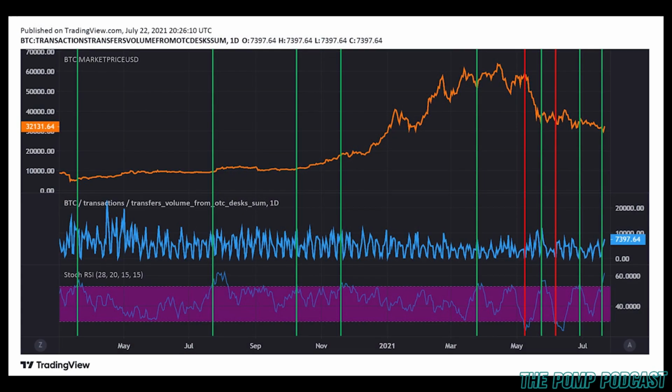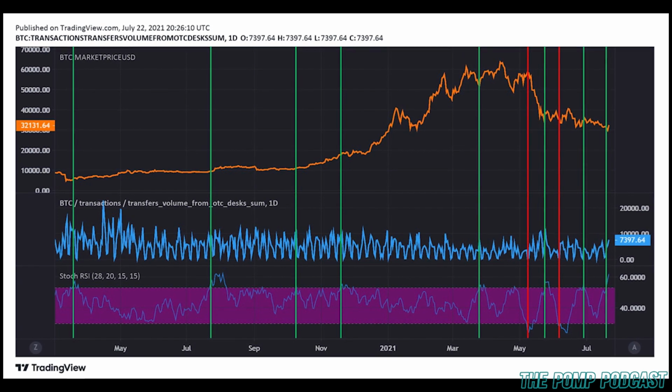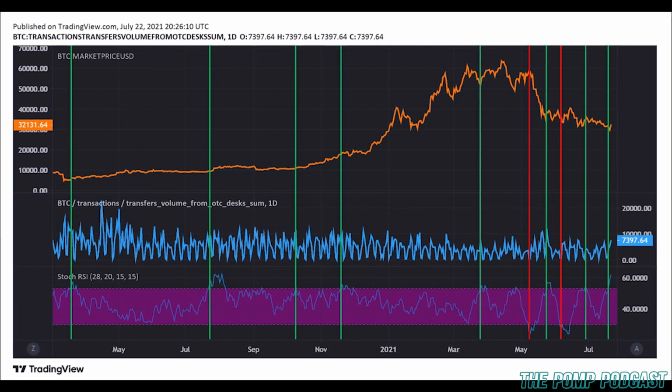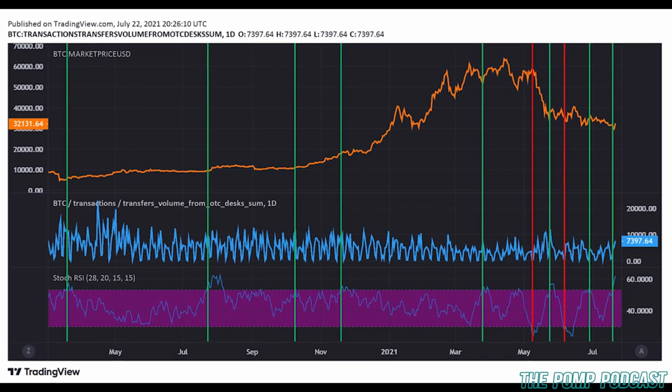But we actually just flashed the second buy signal in a row. The reason I think this one has so much weight is because it's the largest that we've seen since last July. If you look at this in the newsletter, or you can plot this out yourself on Glassnode, you can see that this outflow RSI has really ripped up, even stronger than it was last July, a really aggressive move up.